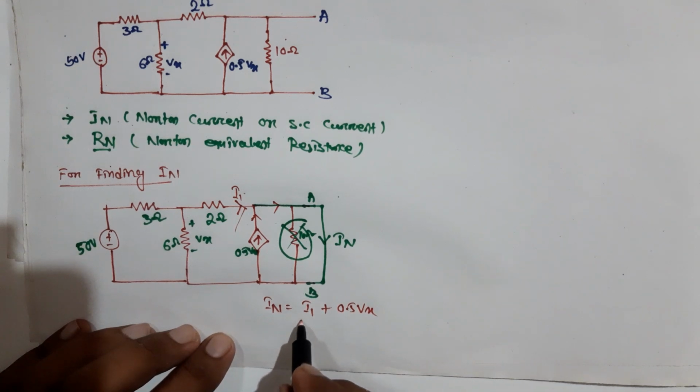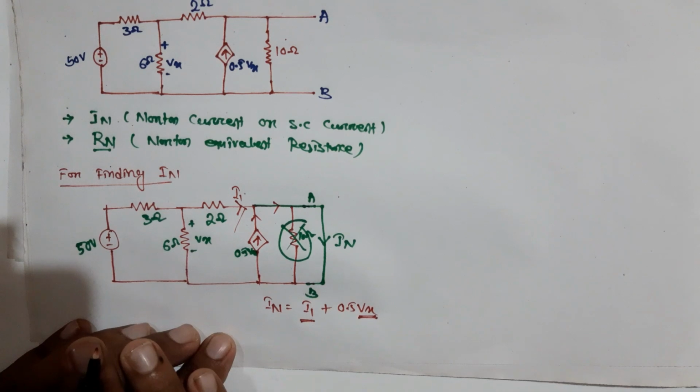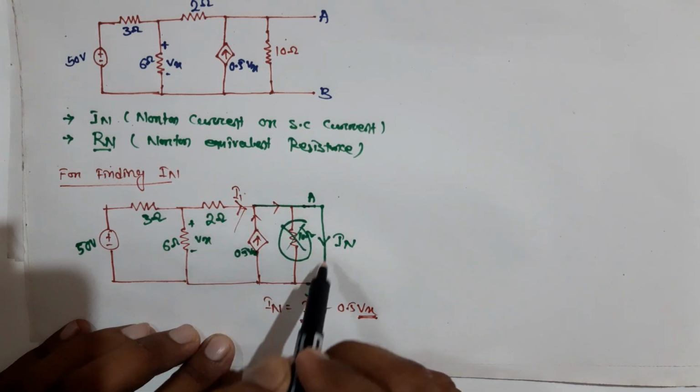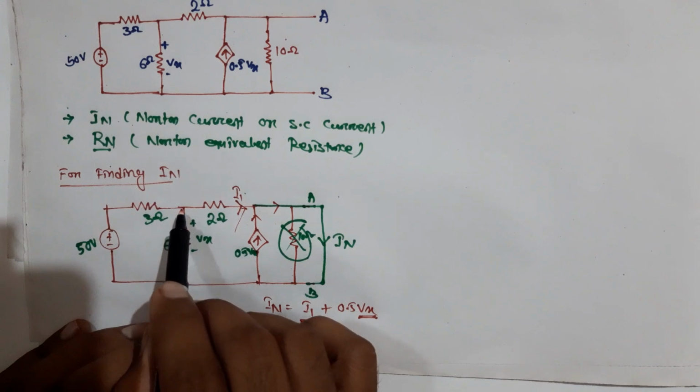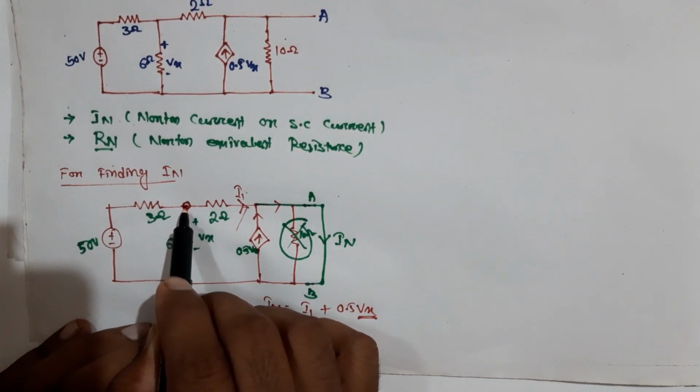We need to find this I1 value and this Vx value, so that we can find IN. For finding I1, this I1 current is totally flowing through this one. So here only a single node is present. If we apply KCL at this node, we can find I1.